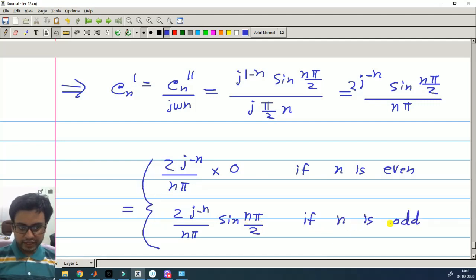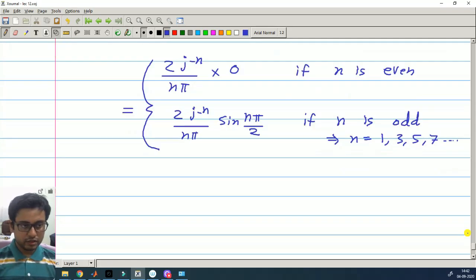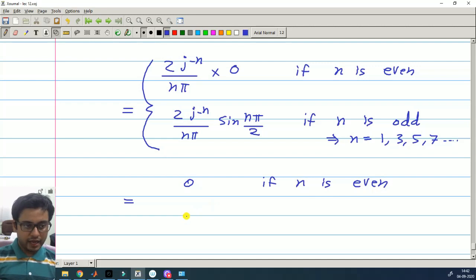Now n is odd, means n equal to 1, 3, 5, 7, etc. So let us write this is equal to 0 if n is even, and if n is like say 1, 5, 9, etc., in that case sine n pi by 2 will be plus 1.